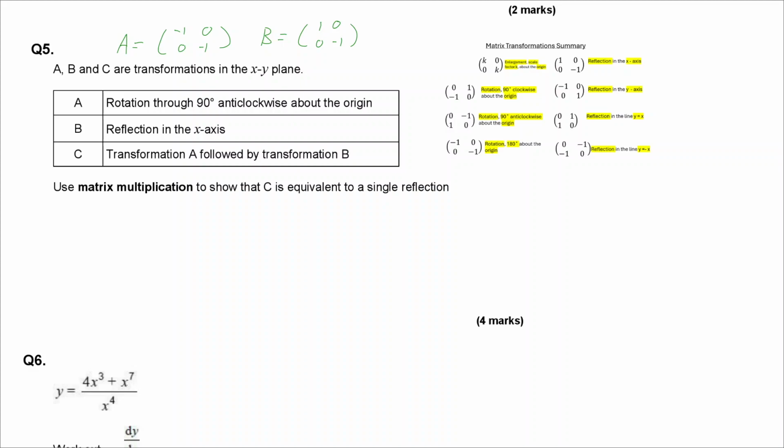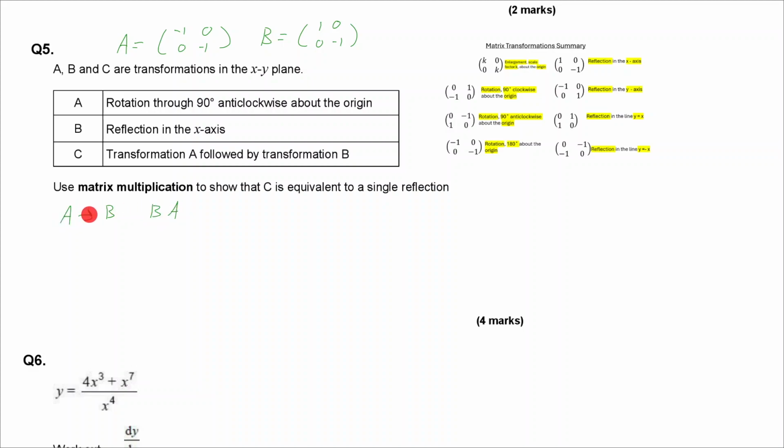If you combine matrix transformations, so you've got A, then you follow it by B, what you have to do to get the matrix that you want is multiply them in the reverse order. So you've got to do B multiplied by A. This means B times A, and that gives you this here.